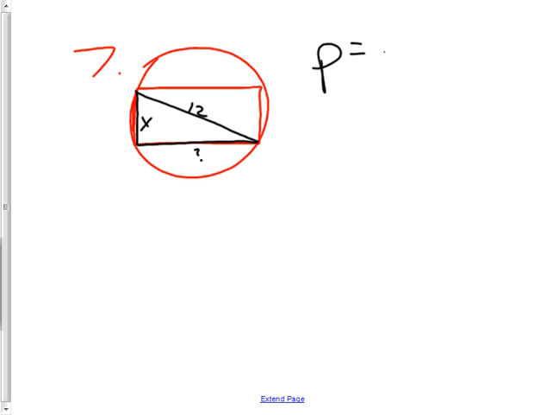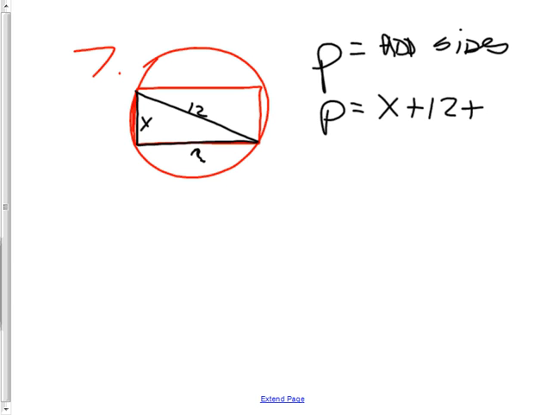Perimeter has to have a bunch of x's in it. So what is perimeter? Perimeter is add up the sides. So the perimeter of the rectangle is going to be x plus 12 plus something I don't know yet. This thing, the question mark.